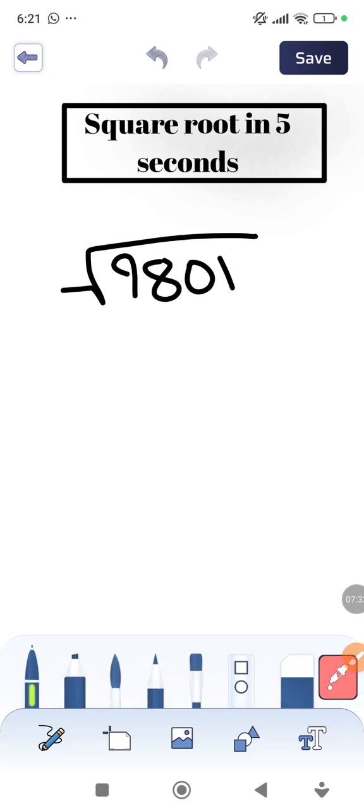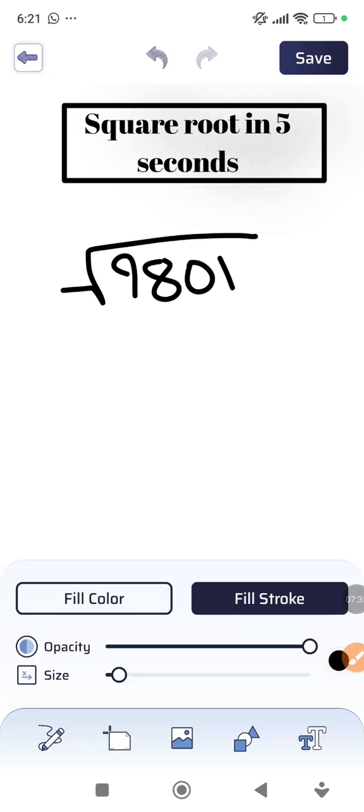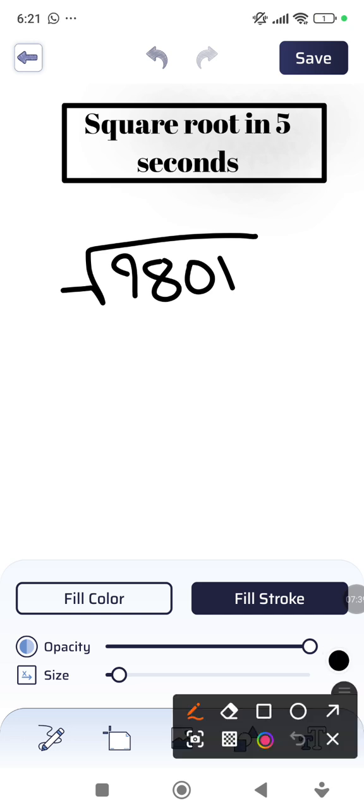Firstly, what you do is divide. You need to break their bond. You need to separate the last 2 digits from the rest of the number.